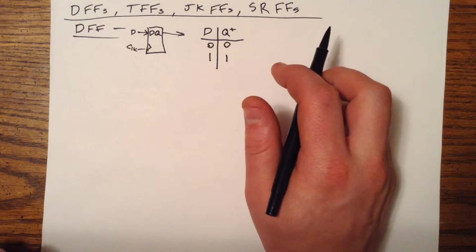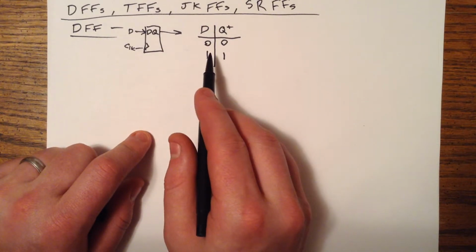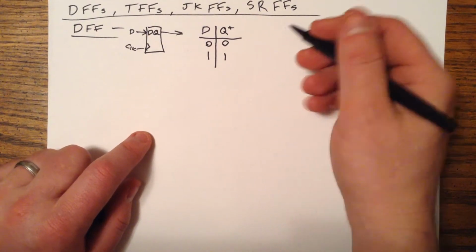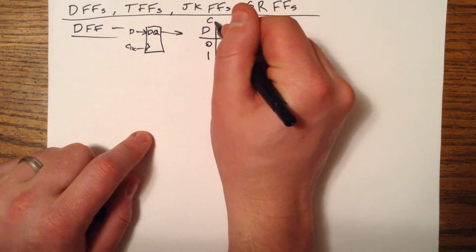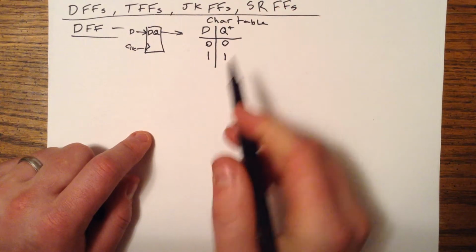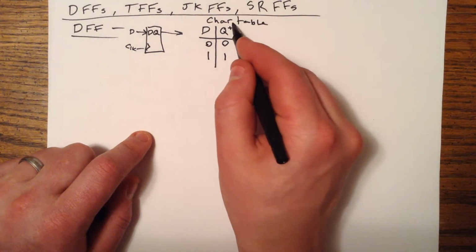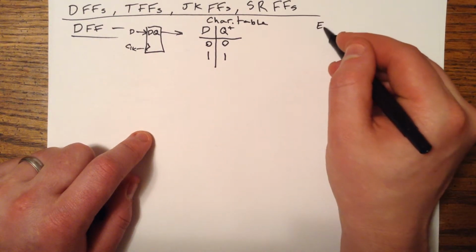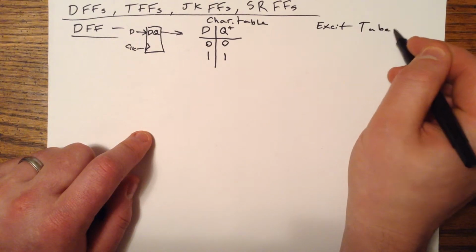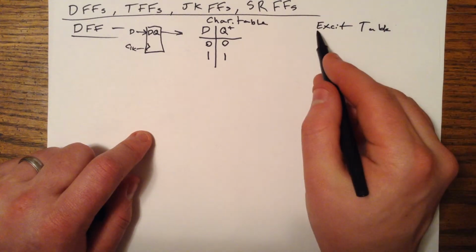The excitation table for a D flip-flop is really just this. This would be the characteristic table, which means given the inputs, what does the output look like? Now, the excitation table, engineers can't spell very well apparently.